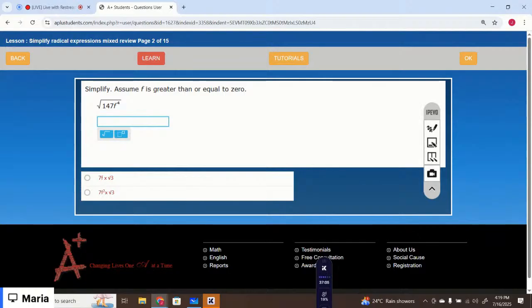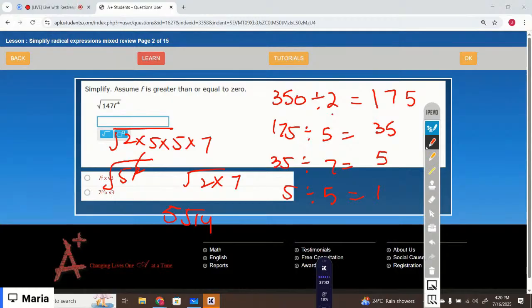147 and 4. So let's just write down the factors of 147, right?